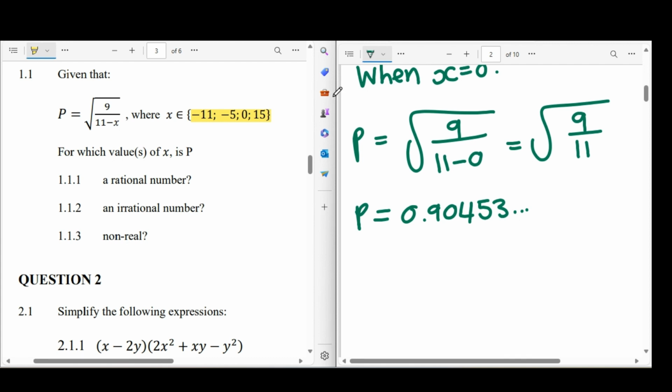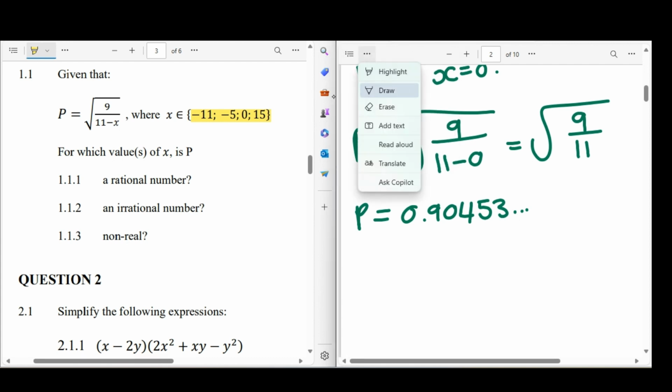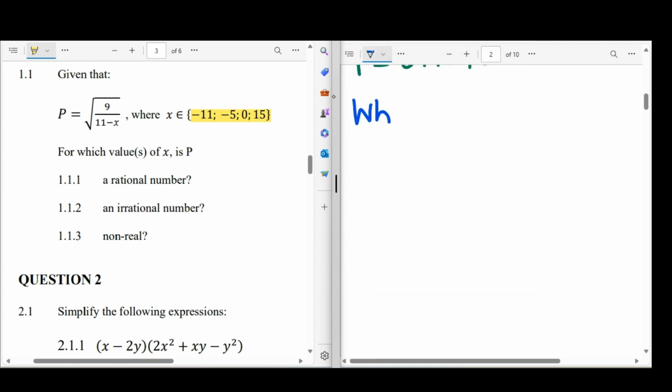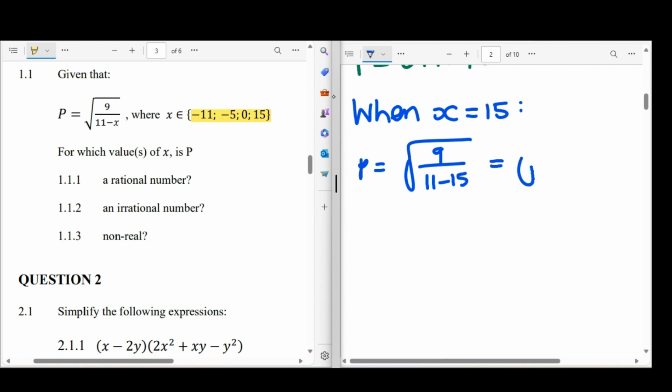And then finally, let's do it when x is 15. So p is the square root of 9 over 11 take away 15, and 11 take away 15 is going to be minus 4.